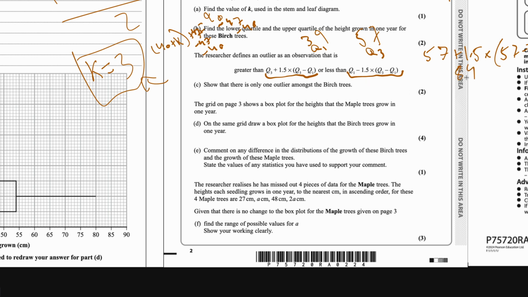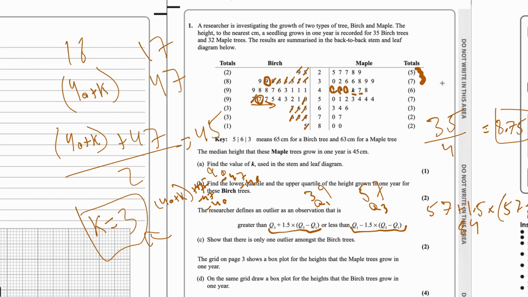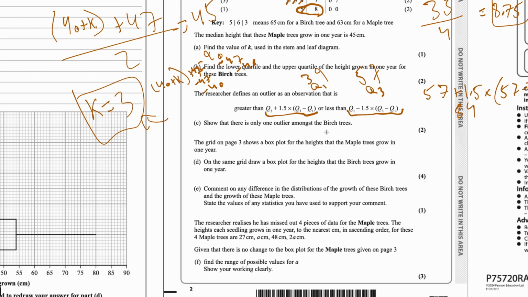So any number that's greater than 84 is considered an outlier. And we have a number which is 85. So this number is considered an outlier, right? So our outlier is 85. And we know that this is everything we need because we know that there is only one outlier.